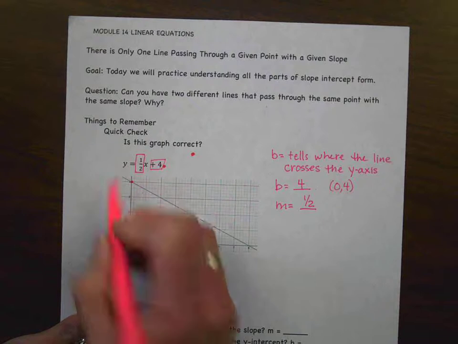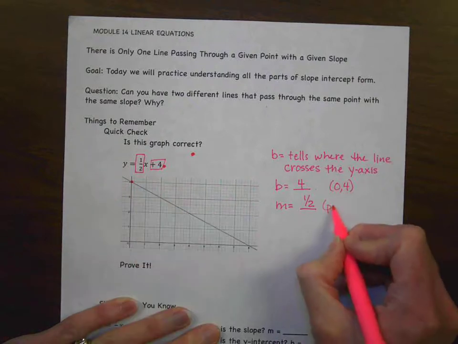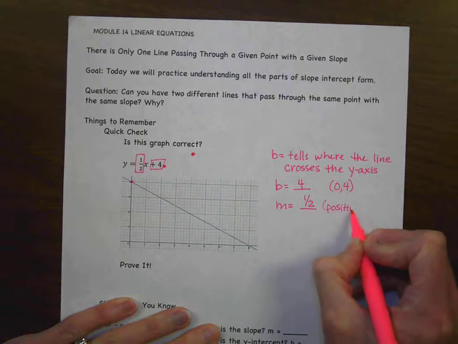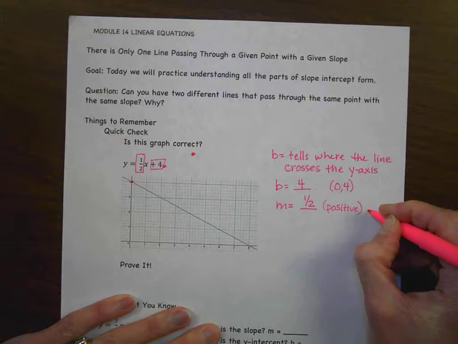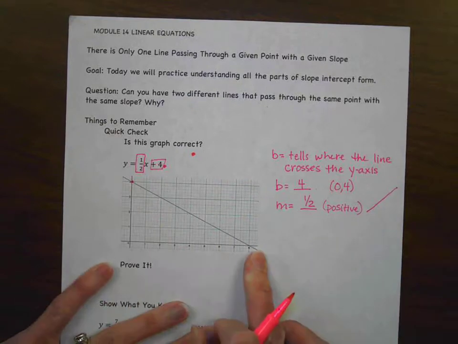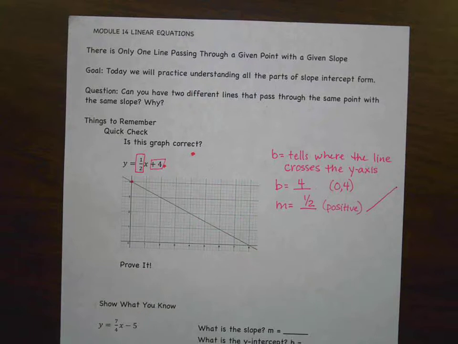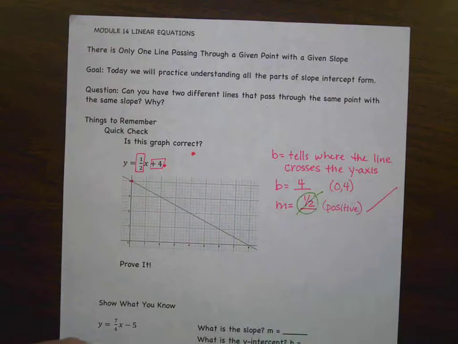And the reason why we know is because this is a positive slope, right? And if you're remembering correctly, positive slopes go up when they move from left to right. This line is actually going down. So in order for this to be correct, you need to have a negative slope, and we do not have a negative slope.